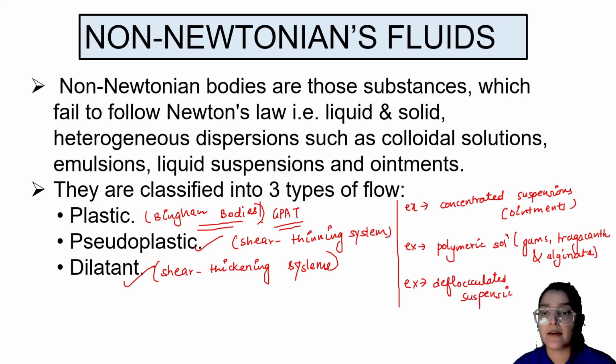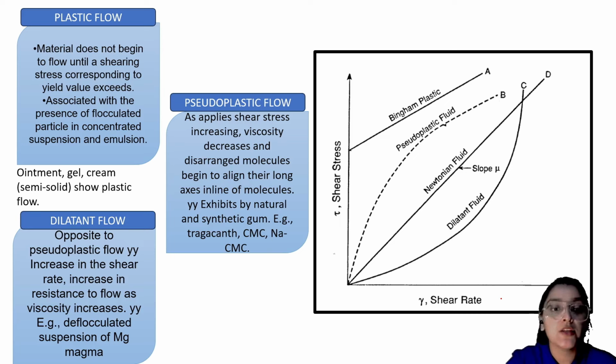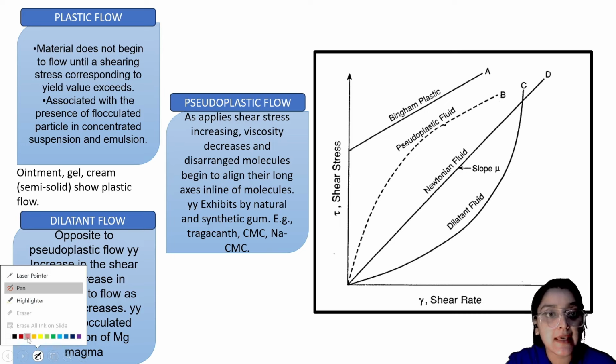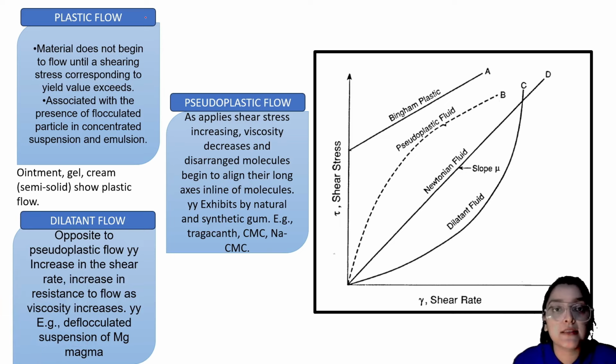This slide that I have written here is very important, and the rheograms that we have seen are also very important from your exam point of view. Now, summarizing them in brief, we have already discussed plastic flow, where material does not begin to flow until a shearing stress, which is the initial force required, termed the yield value, is reached before the actual flow can start.